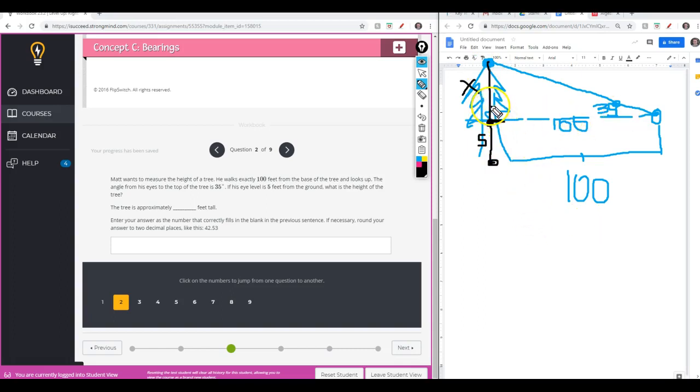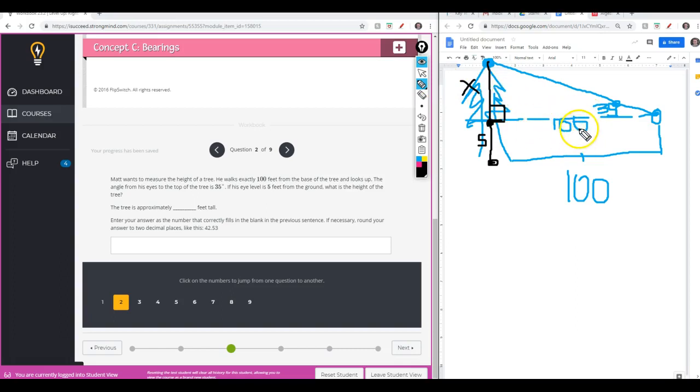So in this we do have a right triangle because a straight vertical line and a horizontal line always intersect at a 90-degree angle. So we can either use the Pythagorean theorem or the trigonometric ratios. The Pythagorean theorem requires that we have two sides of the triangle known, and we do not.